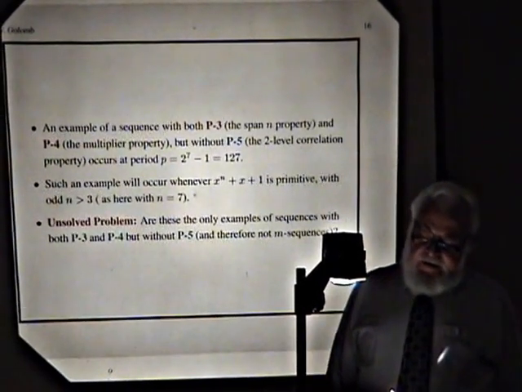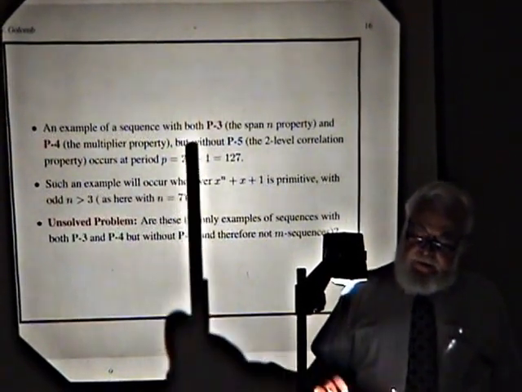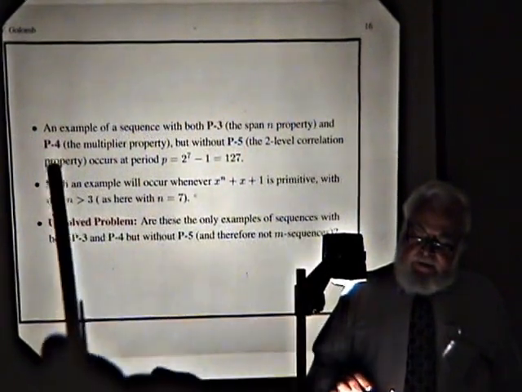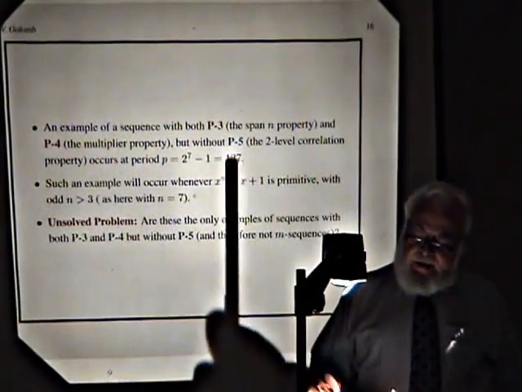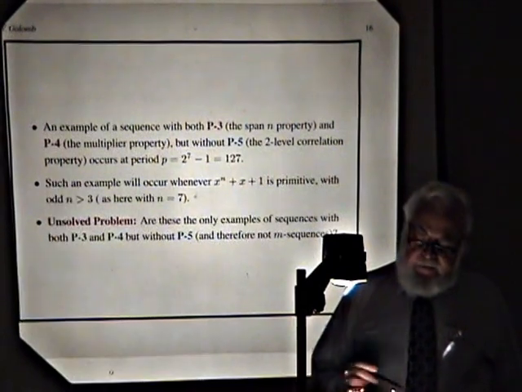It's a little harder to find examples where you have both the span n property and the multiplier property, but without the two-level autocorrelation property.